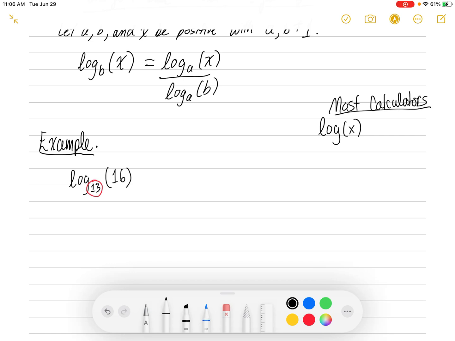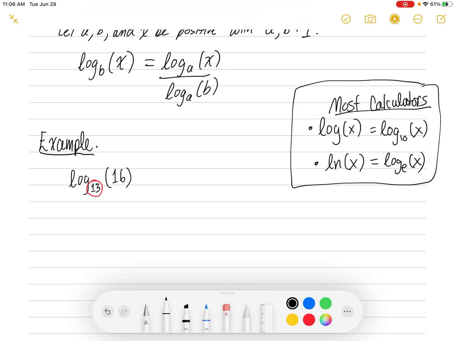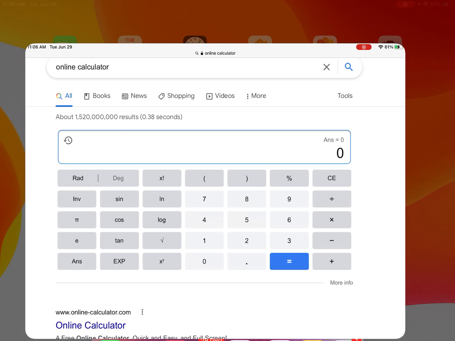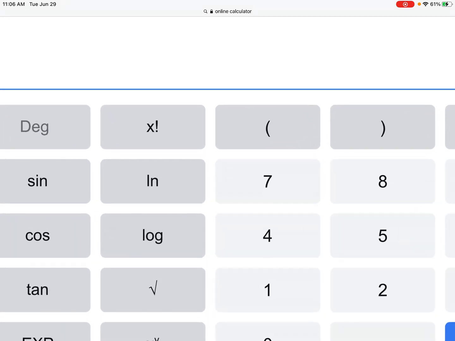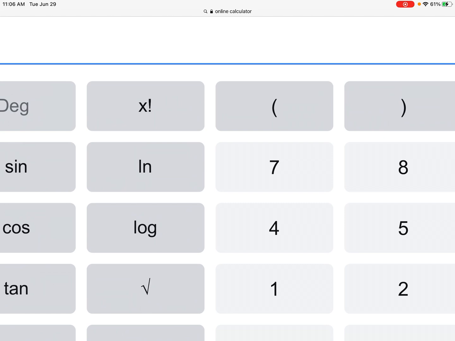Now the problem is most calculators don't have a log base 13 in them. Most calculators have just these two: the log, which we understand to be log base 10, and the natural log, which we know is log base e.